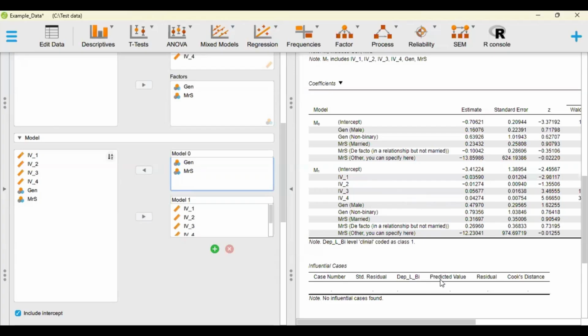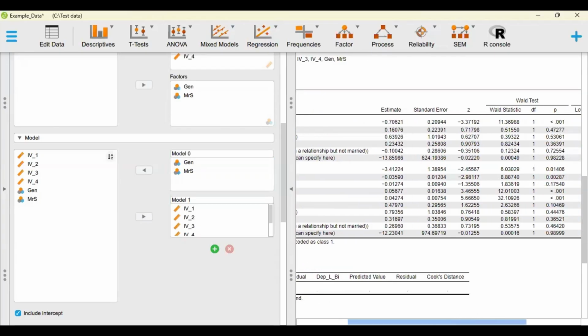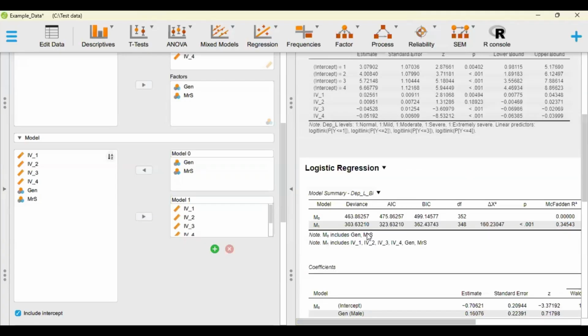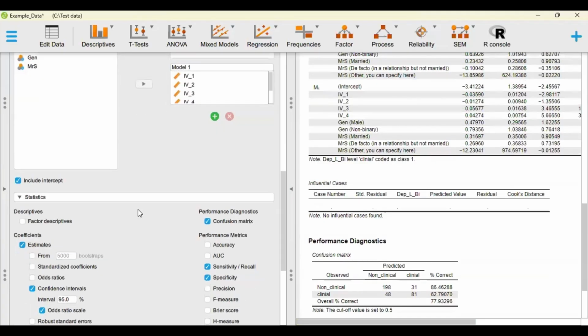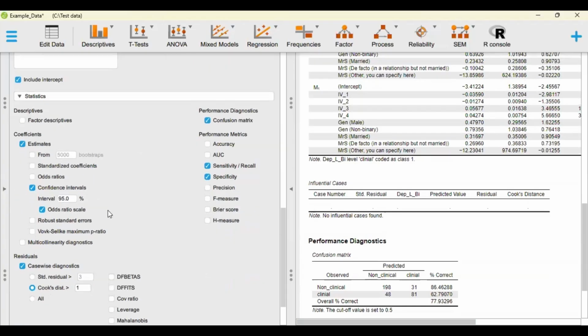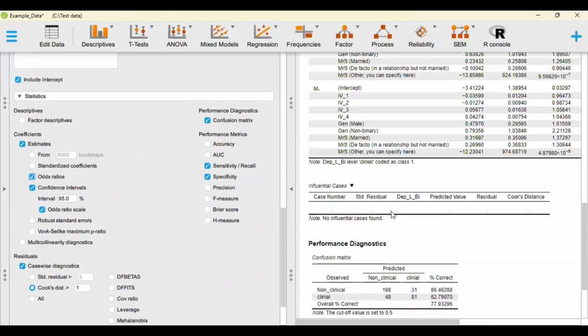And now every odd ratio, every estimate, everything that I have here is based on, oh, sorry, did I forget to add odd ratios? Yes, so I had forgotten to add the odd ratios.